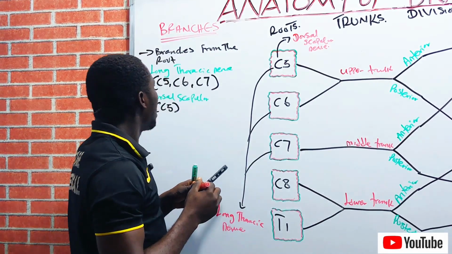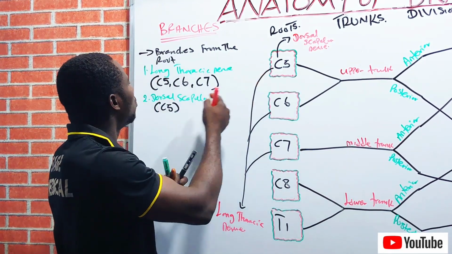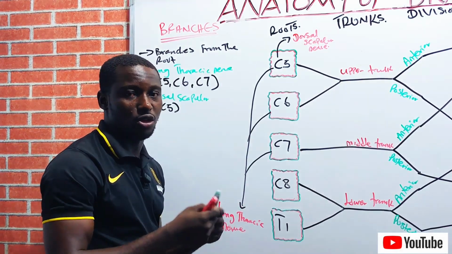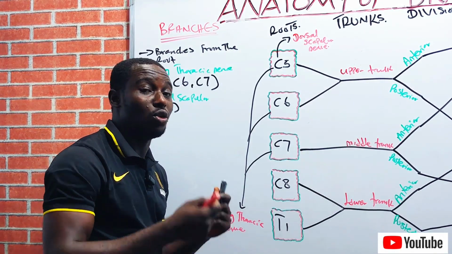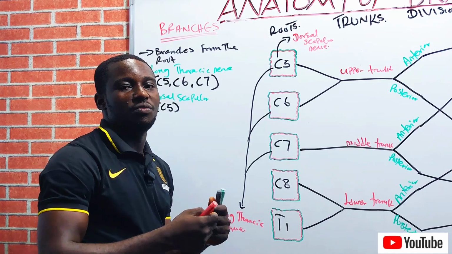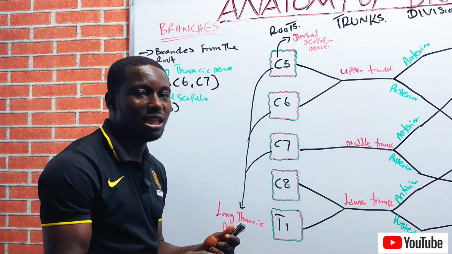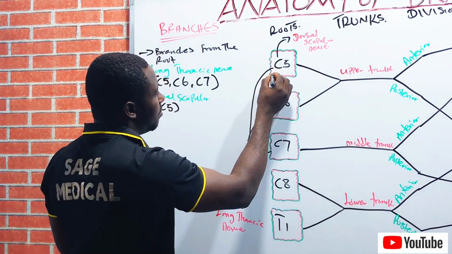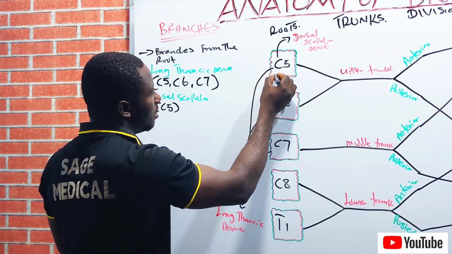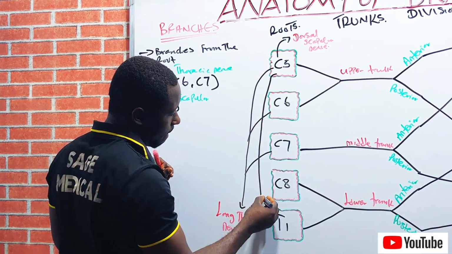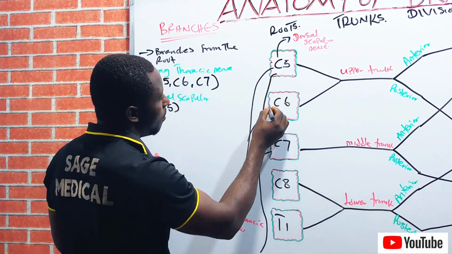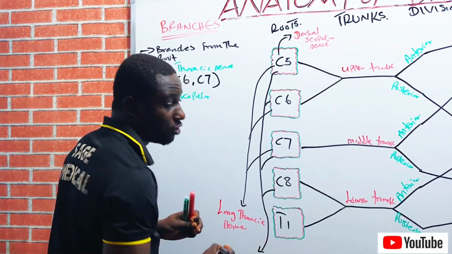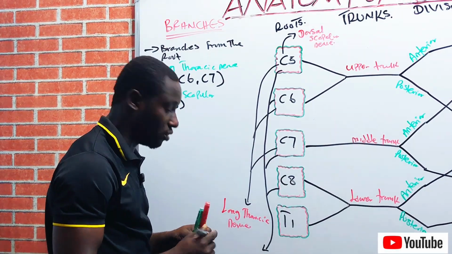Okay. Now, apart from the nerves arising from the root, which include the long thoracic nerve and the dorsoscapular nerve, we have other nerves that arise from the root, which include the nerve to longus colli and the scalenus muscles, even the phrenic nerve. That means it goes this way. The nerve to longus colli supplies the longus colli muscle.